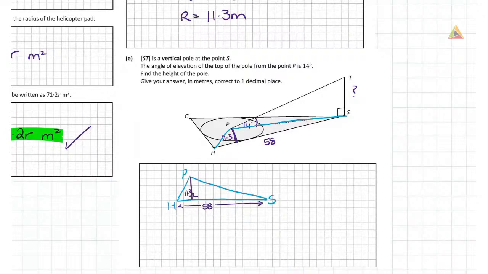Okay, and what we do know is that this angle here is going to be half of 30.75 degrees. So that's 15.375 degrees. Now, where have I gotten that from? Well, that angle there is half of the angle GSH.